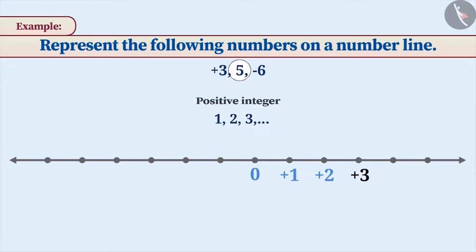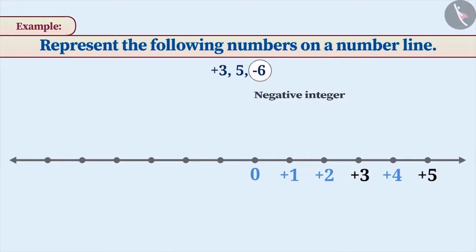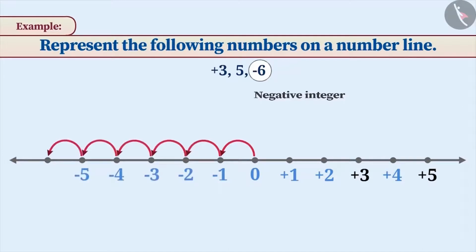Similar to plus 3, plus 5 is marked 5 points to the right of 0. The next number is minus 6, which is a negative integer. This is marked by moving 6 points to the left of 0. This is how we represent numbers on a number line.